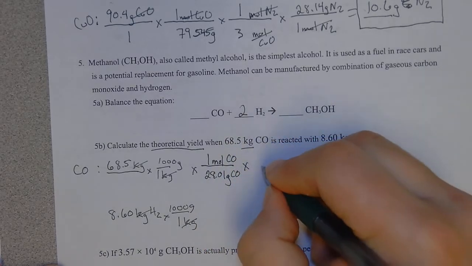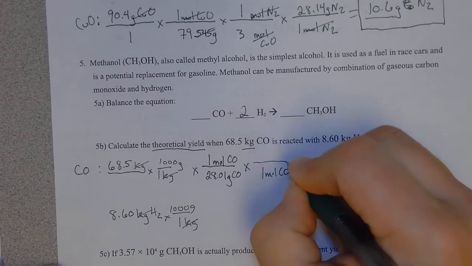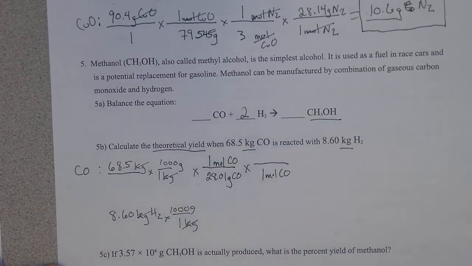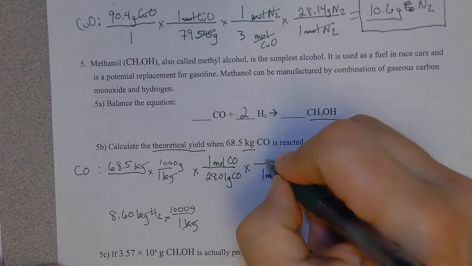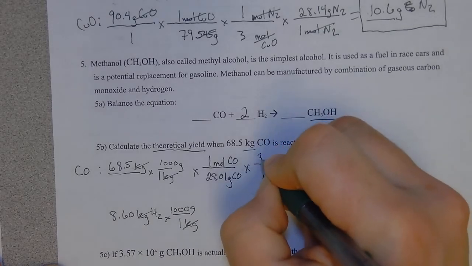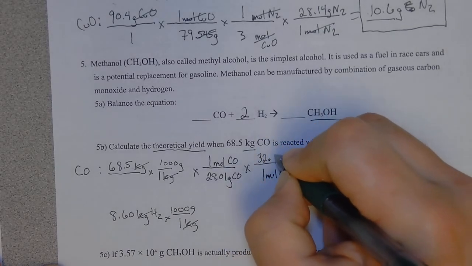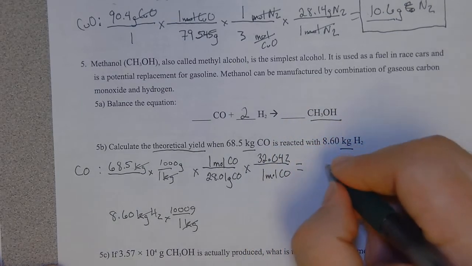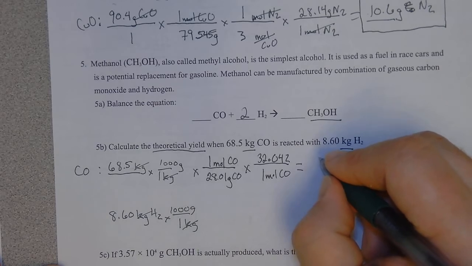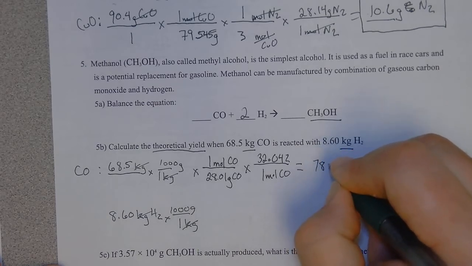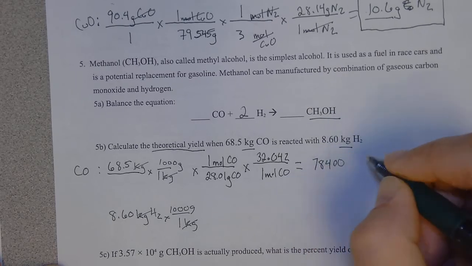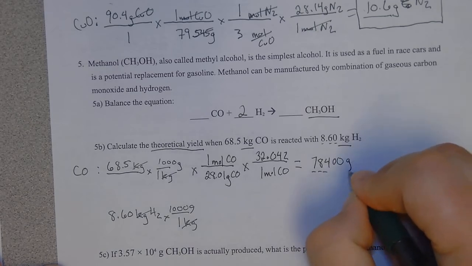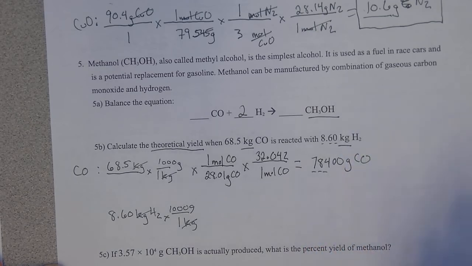Then to get out of 1 mole of carbon monoxide is the molar mass of that methanol, which is 32.042. And when I do that math, I get something like 78,400 using sig figs. There's 1, 2, 3, 1, 2, 3, and this is grams of carbon monoxide.